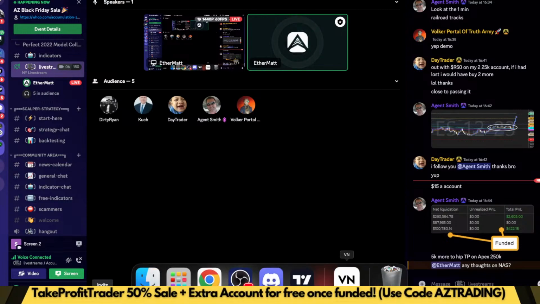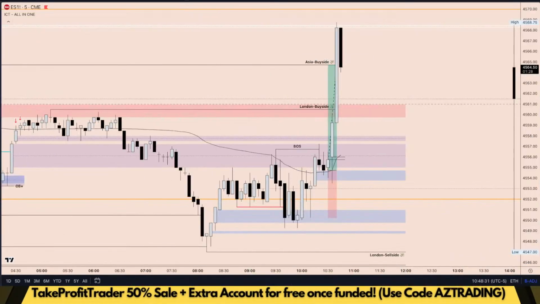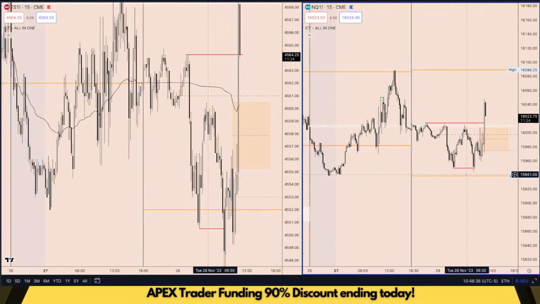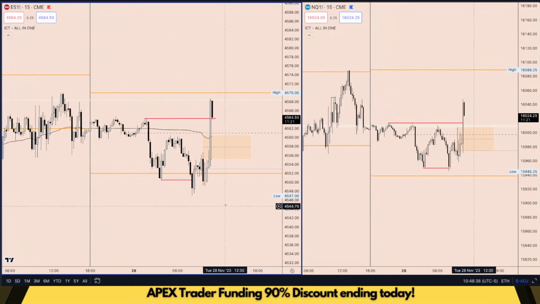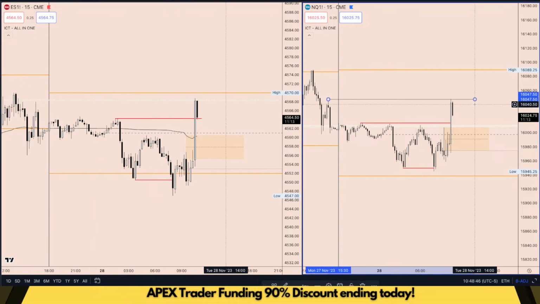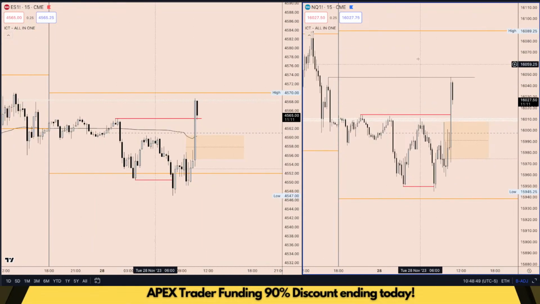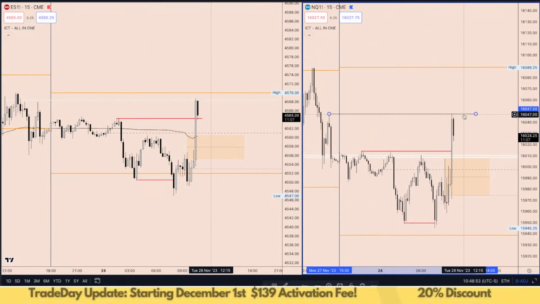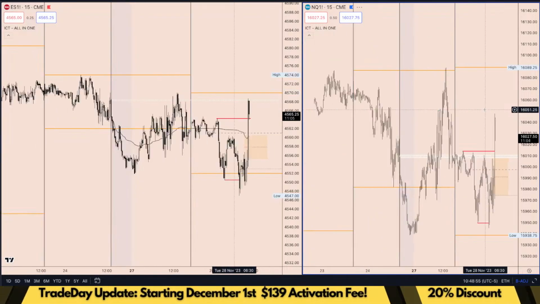Any thoughts on NASDAQ? Let's take a look. Took out this high. I would still say that maybe we're gonna hit the previous day's high and continue higher from here.